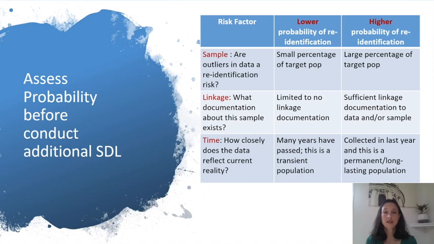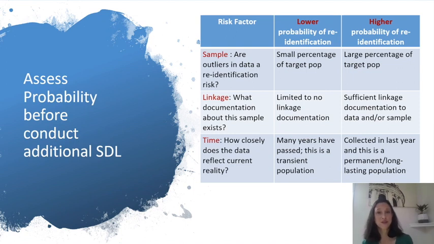Second risk factor that we think through is linkage documentation. I'm not going to spend much more time hammering that point home, but again, what documentation about this sample exists? So if there's limited to no linkage documentation, you have a lower probability of re-identification risk. And certainly, given the settings that we're working in some of our program evaluations internationally, these are populations where there just isn't a lot of linkage documentation out there.